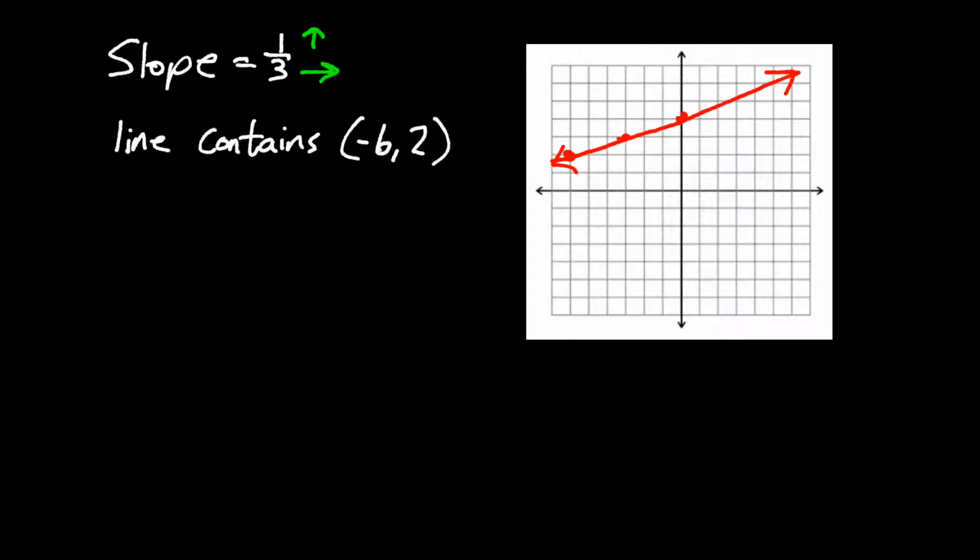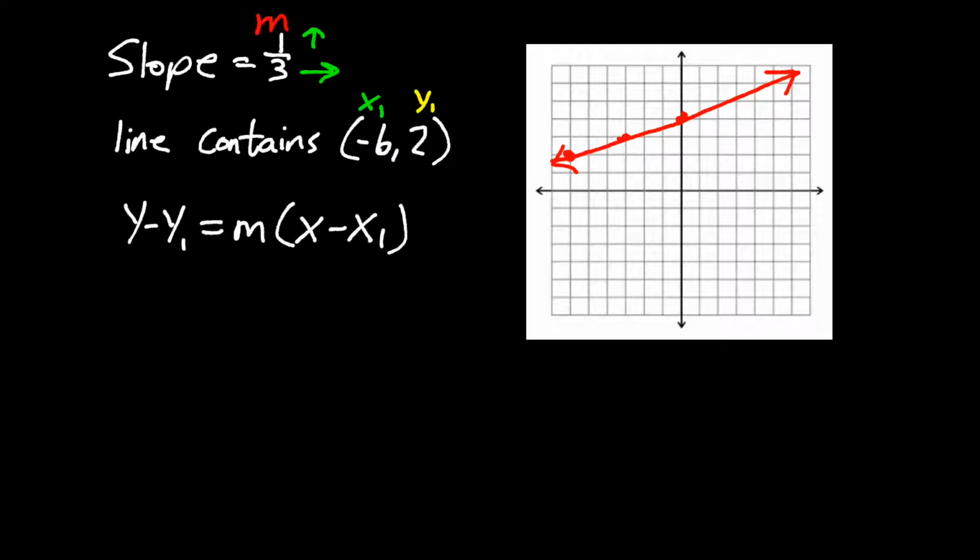Now, if I put this information into our point-slope formula, I'll have the equation for this line. So, remember, we have y minus y1 equals m times x minus x1. y1 is 2. x1 is negative 6.